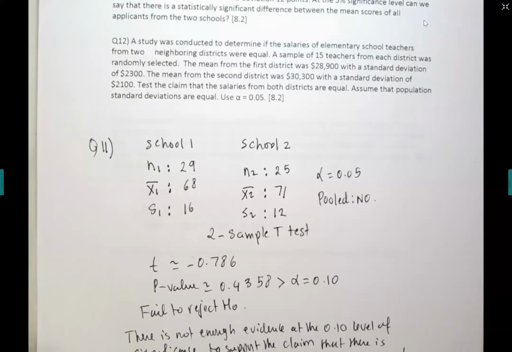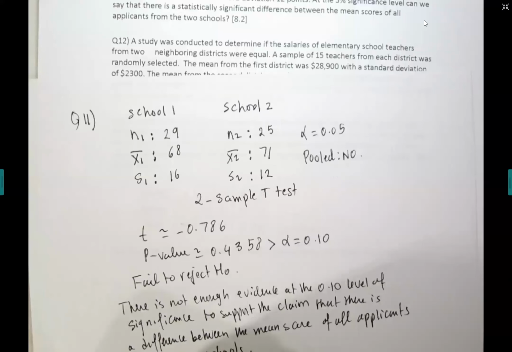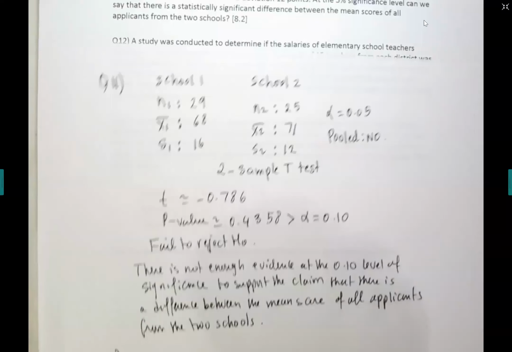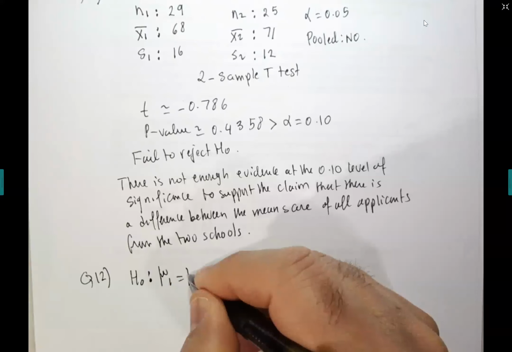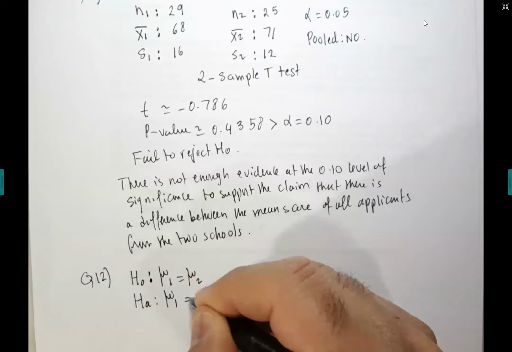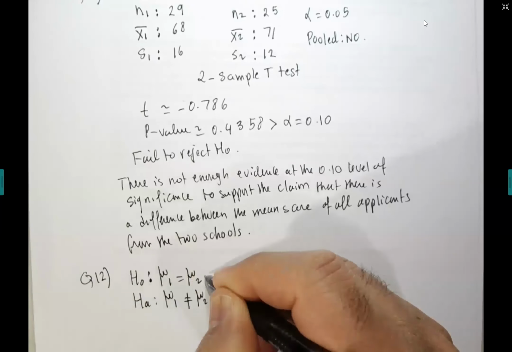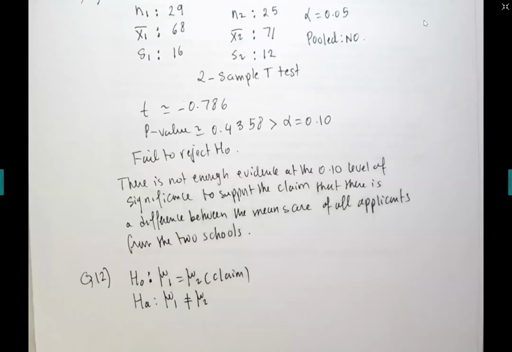So let me just write down the details here. Question 12. So you guys agree with me that H0 should be mu1 equals mu2. HA mu1 is not equal to mu2, and he wants to check if they are equal. Then the claim is in H0 this time.